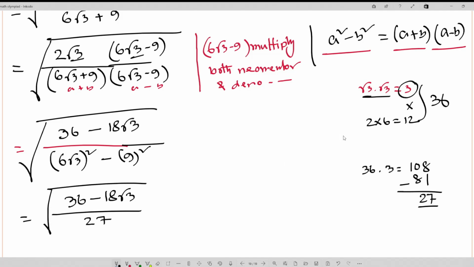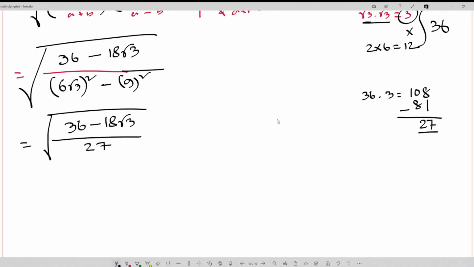Now what is the common thing? 36, 18 and 27. So what is this? We can find out the GCF, greatest common factor. So what is the greatest common factor? Is it 3? Yes, we can take common 3.